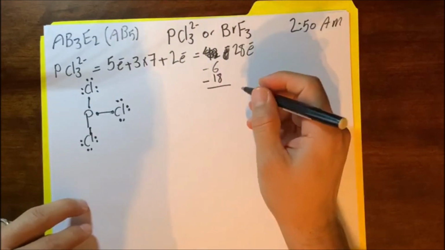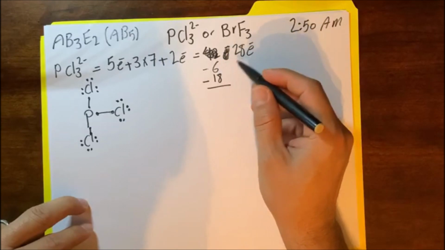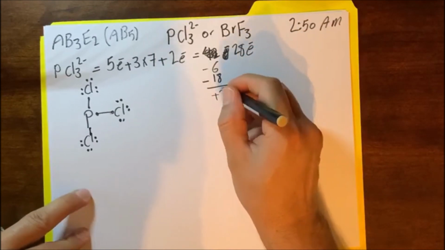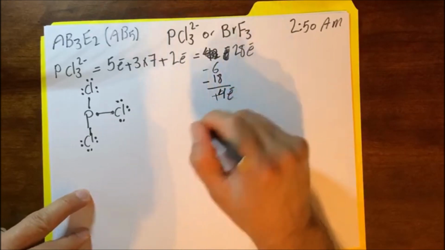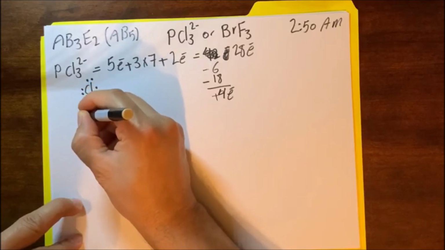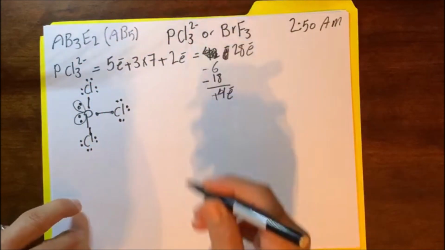Okay, so we said we use 6, 22, and then I use 16 of them, so it will be plus 4 electrons. Okay, I'm going to give these 4 electrons to phosphorus, so phosphorus will have 2 lone pairs.